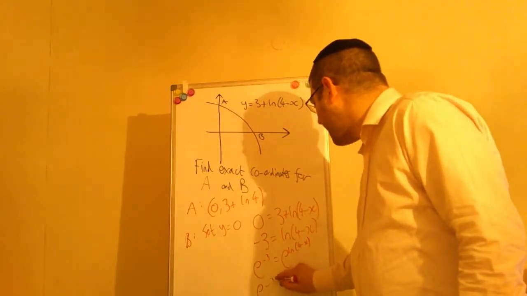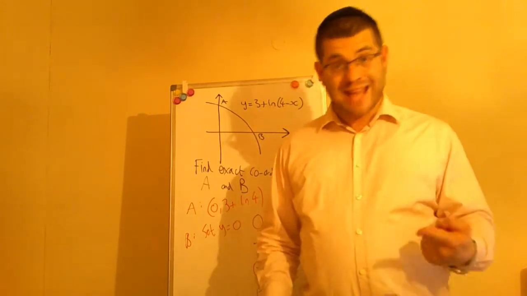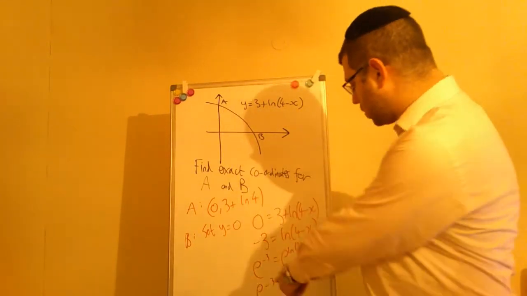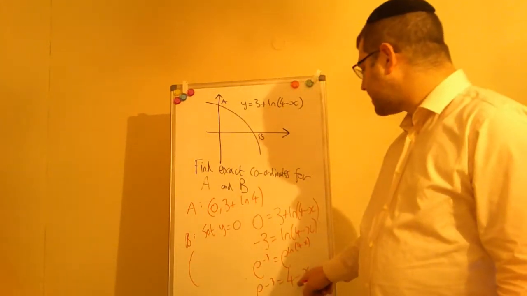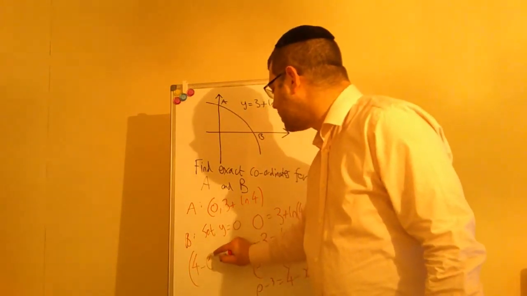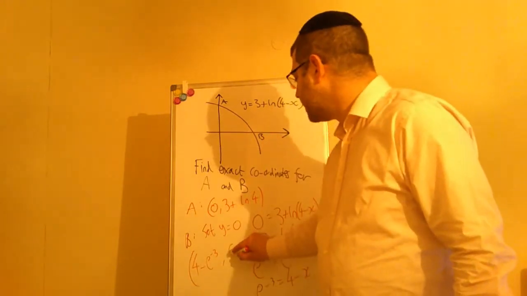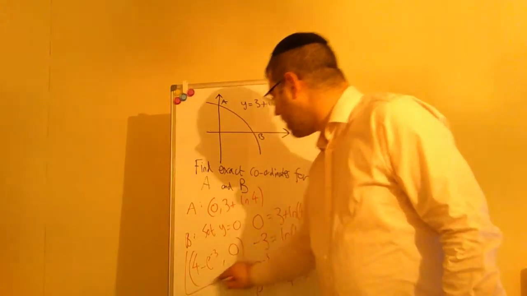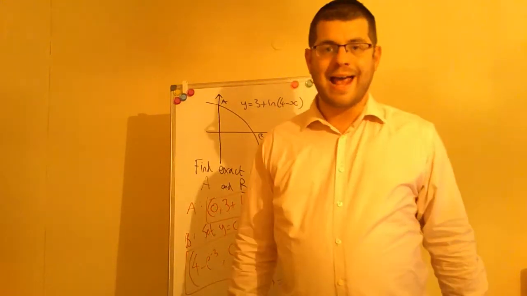So e to the power minus 3 is 4 minus x, and we're looking for the x coordinate. So swap that around, and then you get 4 subtract e to the minus 3, so it's 4 minus e to the minus 3. You can write that as 1 over e cubed if you want, comma 0. That's the answer for B. That's the answer for A.